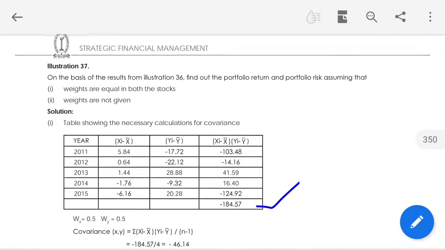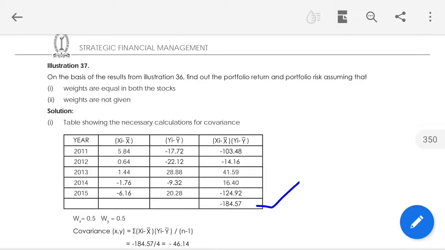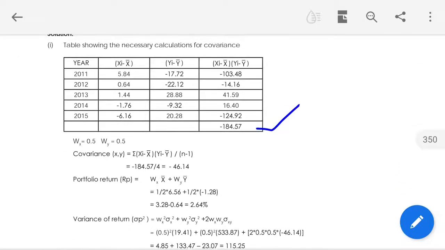So in the first scenario, what was given? Weights are equal, that means 0.5 and 0.5, that is 50% and 50%. They need to calculate covariance. Covariance is equal to summation of Xi minus mean of X into Yi minus mean of Y divided by n minus 1.